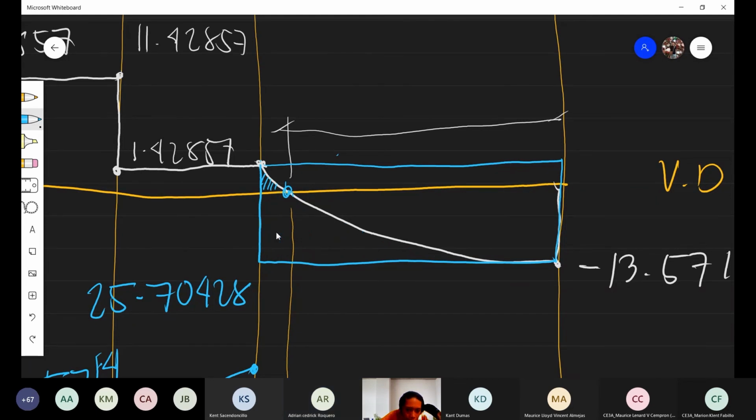This area, sir, is also a spandrel, right?